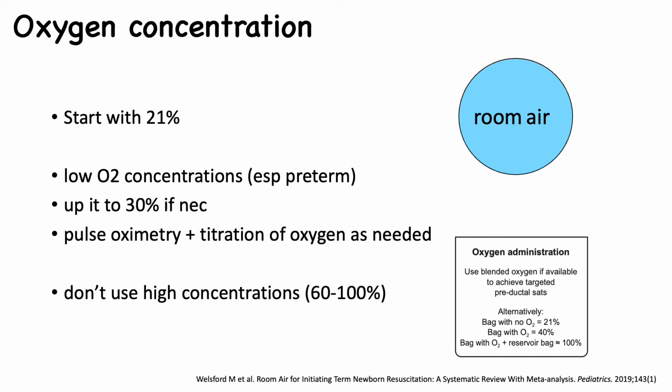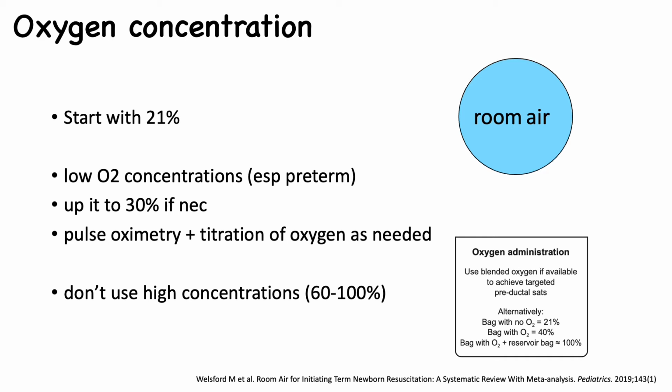So start low, monitor the SATs, and increase as needed, bearing in mind that the anticipated SATs of a newborn is not above 90. The SATs of a newborn slowly rise within the first few minutes to the first 10 minutes.